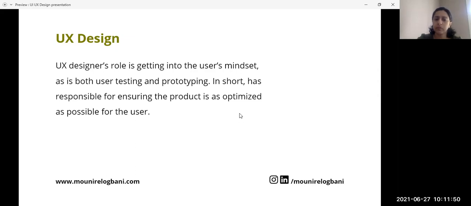You are responsible to ensure that the product is optimized as much as possible for the user to use it, and give them what they call a delightful user experience.